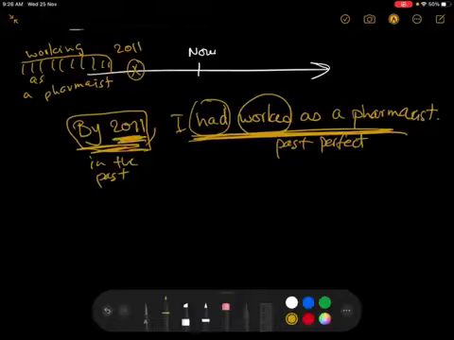Okay? As we know, we can express a point of time in the past by actions or state verbs. But here we cannot say by, we say before.